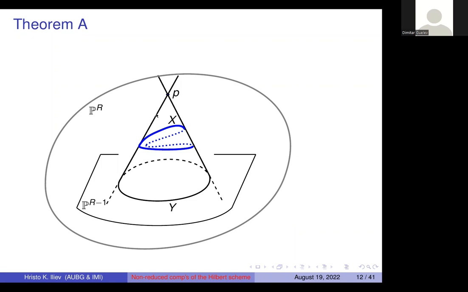Here we have the cone over this curve, and the curves from the family that I described here are just cut on the cone by general hypersurfaces of degree 2.